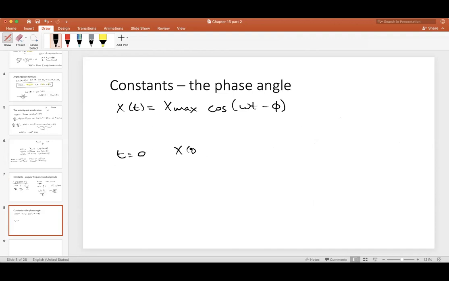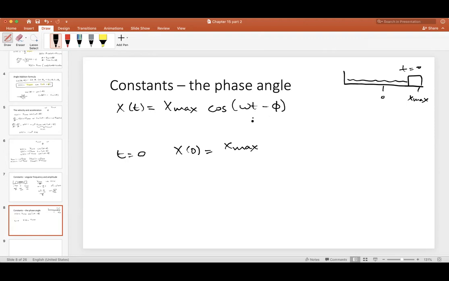So we need to figure out what x naught is. In a very simple case, let's say we pull it out to x max at t equals 0, and then we're going to let it go. So at t equals 0, x is equal to x max.